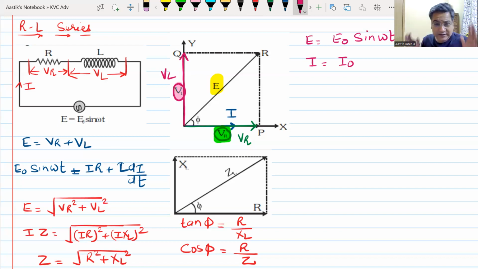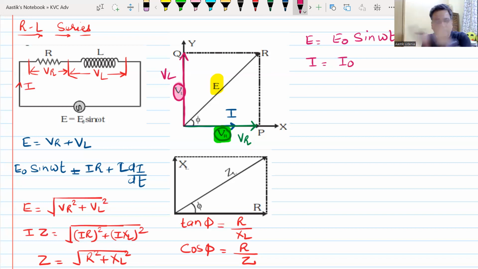Now remember, this is a combination of L with R. When it was pure R, current and voltage were in the same phase. When it was pure inductor, voltage was leading by an angle of 90 degrees.